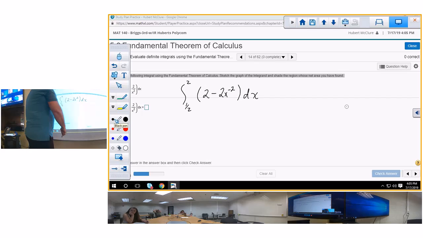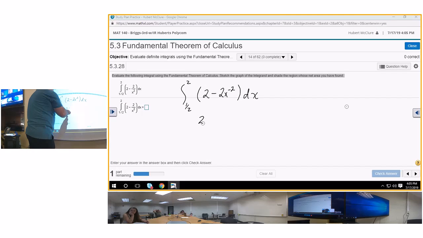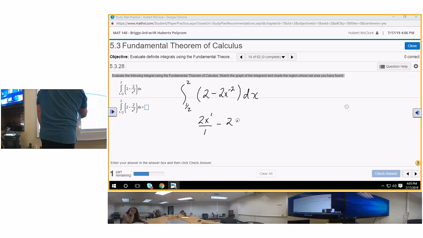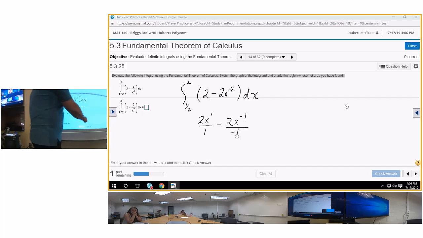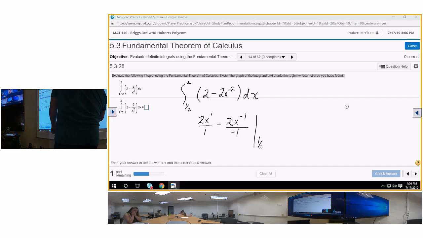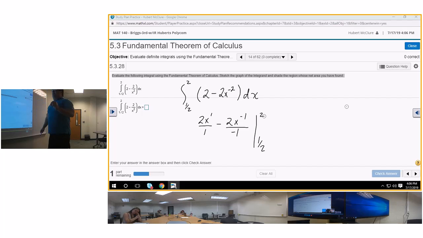I'll just keep going. All right, so 2x to the 1 over 1 minus 2x to the negative 1 over negative 1, evaluated at 1/2 and 2. Now, before you start this, you need to simplify that a little bit. That 2x is going to be a 2x. But what happens with that negative 1?